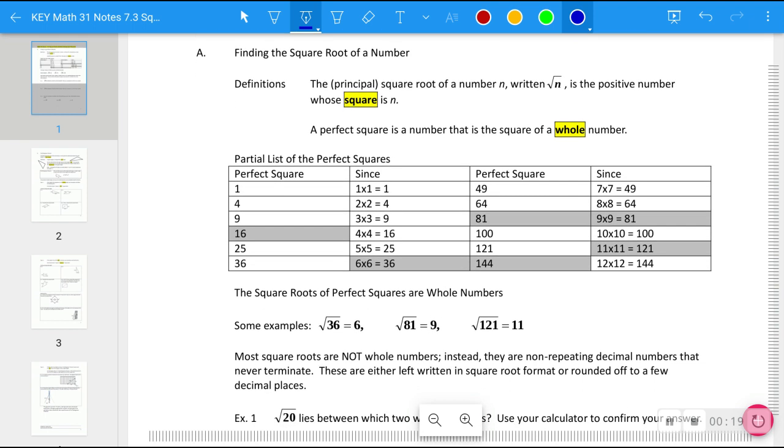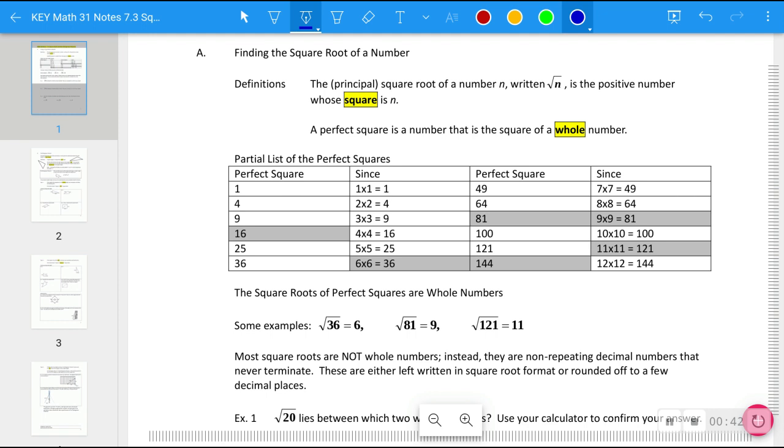Okay, if you remember maybe in elementary school when you were learning your multiplication table, you had numbers down the side, 1 through usually 12, and then numbers across the top. Well, the diagonal going from 1 times 1 to 2 times 2 to 3 times 3, those were numbers that are called perfect squares.